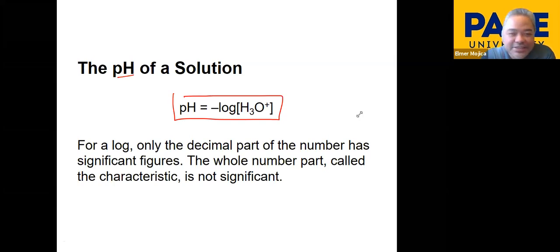What industry was the concept of pH used first, and then when the academe got hold of it, they said, oh, this is a simple way to determine the acidity? Hint, it came from the food industry.